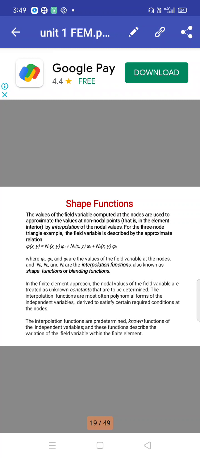So how many nodes we have in the structure, that is specified as the nodal values of the field variable. Then N1, N2 and N3 are interpolation functions, also known as shape functions or blending functions. Blending means a combination. In the finite element approach, the nodal values of the field variables are treated as unknown constants that are to be determined.